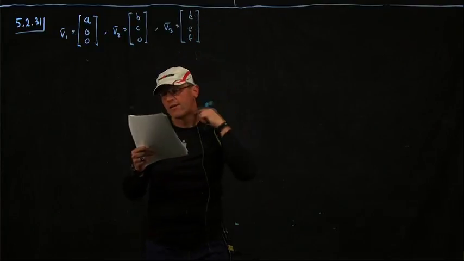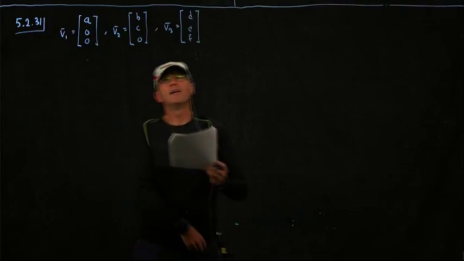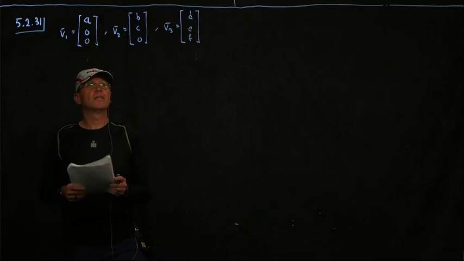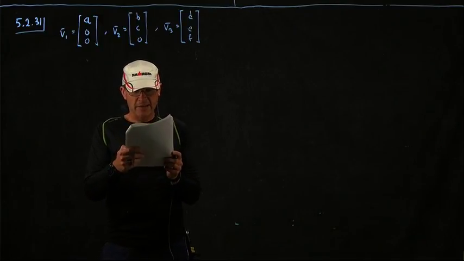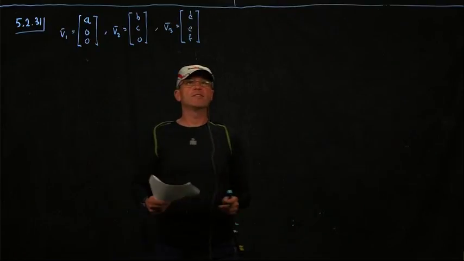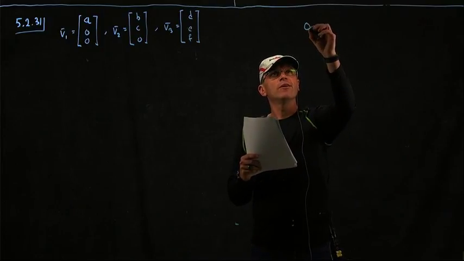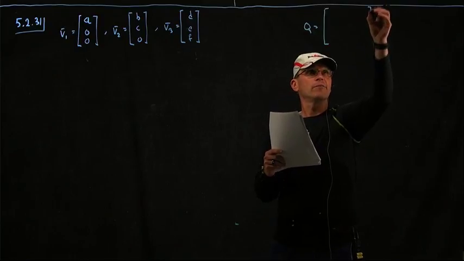Right, and at the minimum we need to assume that none of these vectors are all zeros. So there's at least some non-zero component to each one. And we just want to run the Gram-Schmidt process on this again. So we will end up with a Q matrix, which is 3 by 3.